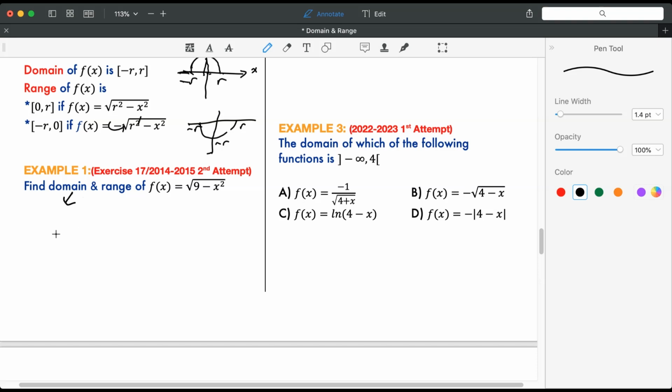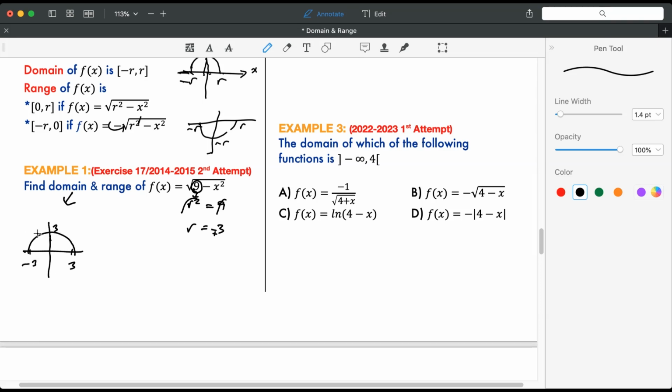To find the domain, I want to make a graph first. The first number represents r squared. r squared is 9. If r squared is 9, then when you take the square root of both sides, r becomes positive and negative 3. So from negative 3 to 3, we have a semicircle.